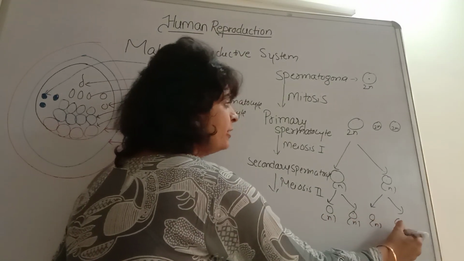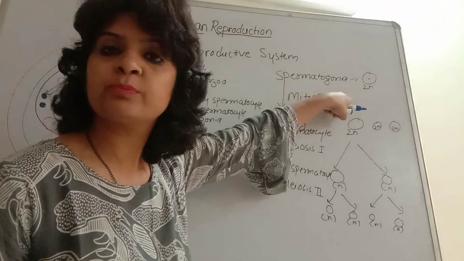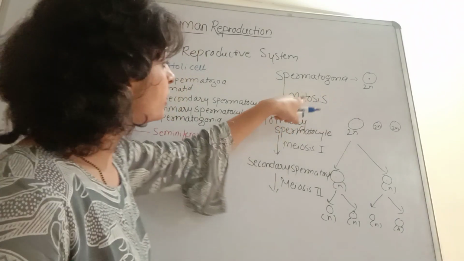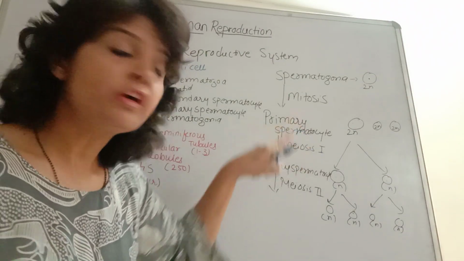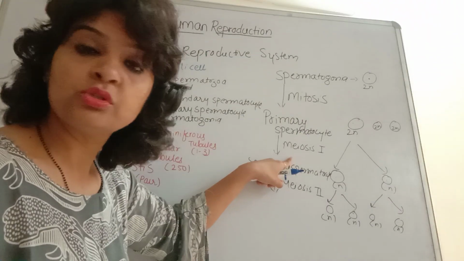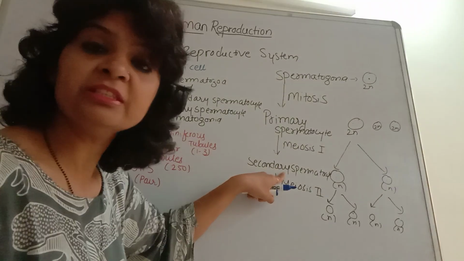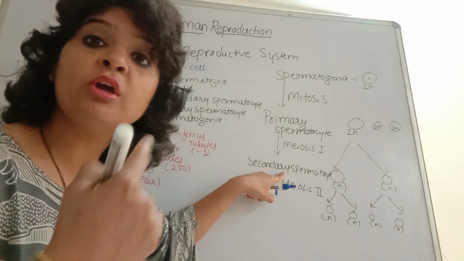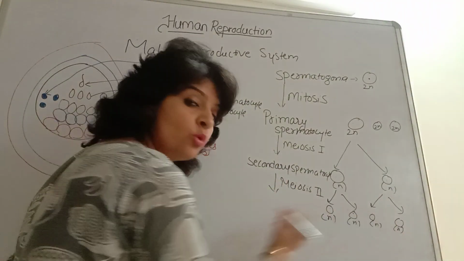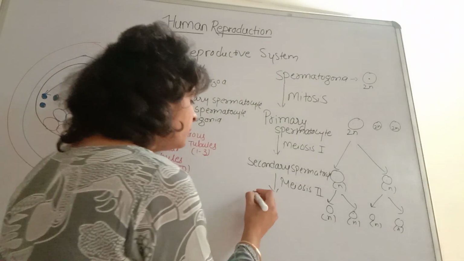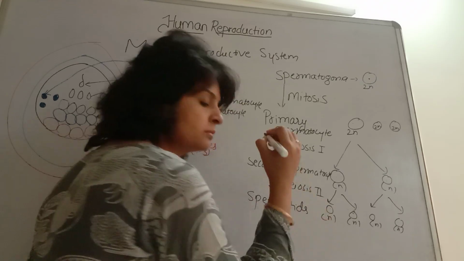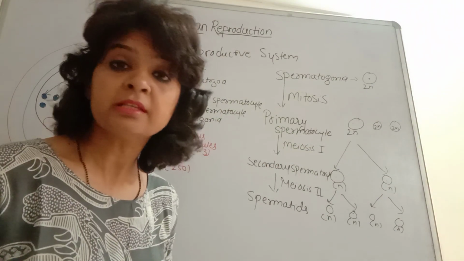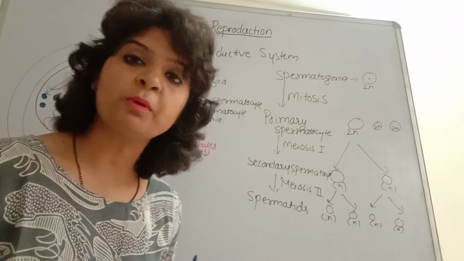We started off with the diploid spermatogonia undergoing mitosis, resulting in primary spermatocyte formation, further undergoing meiosis 1 to form the secondary spermatocyte, undergoing meiosis 2, and the 4 haploid cells so formed are termed spermatids. These are spermatids. These are not spermatozoa. These are not sperm actually.